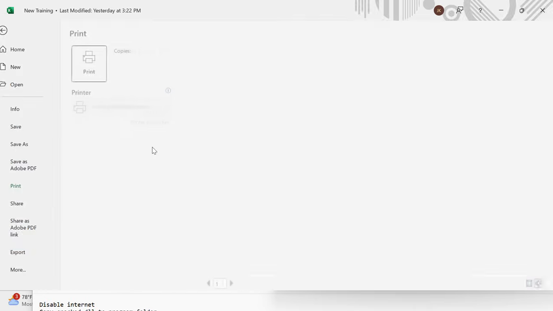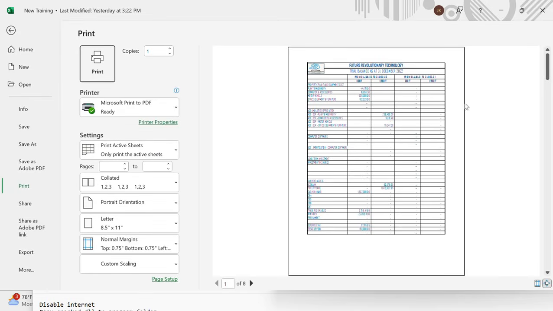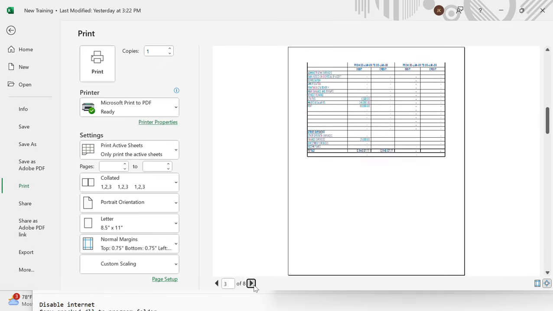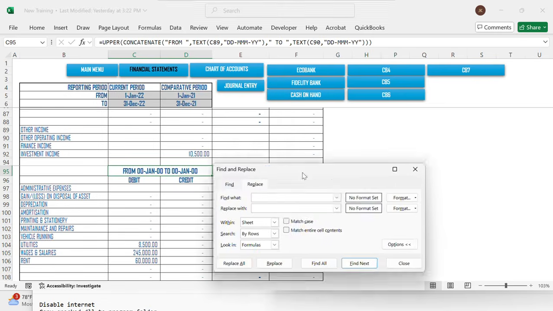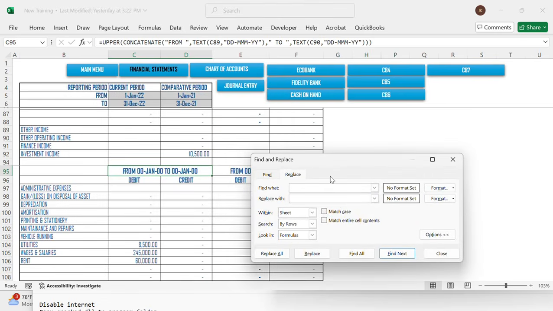The moment you click on print, it is going to select the right spaces for you to just issue your command. Now I see that this date is not correctly reflected, so we need to work on it. The C89 should be changed to C2, right?